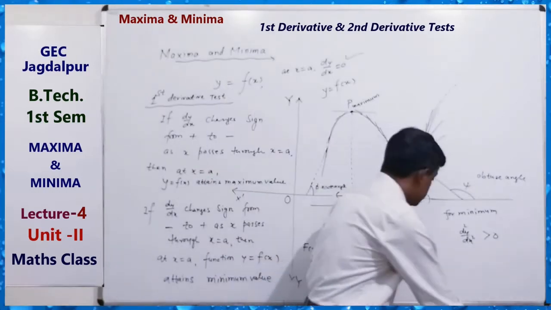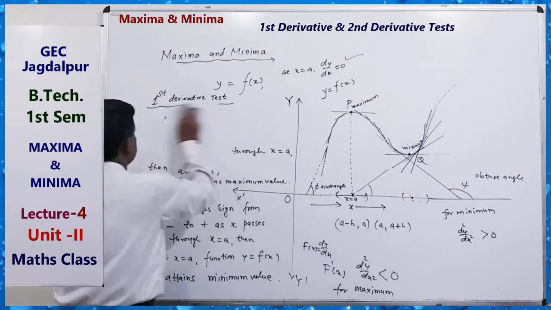Okay. So the second derivative test, how can we see that?